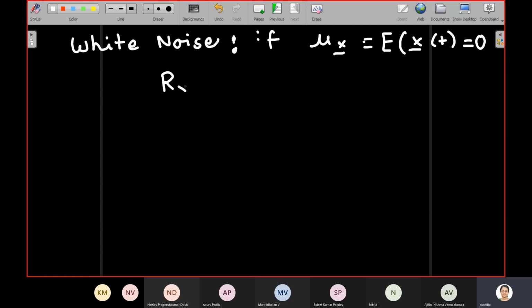So let's define correlation. The correlation, in this case, is a matrix because we have considered an n-dimensional case. You'll find that the correlation matrix is given as follows.